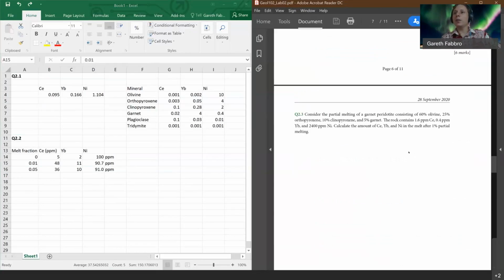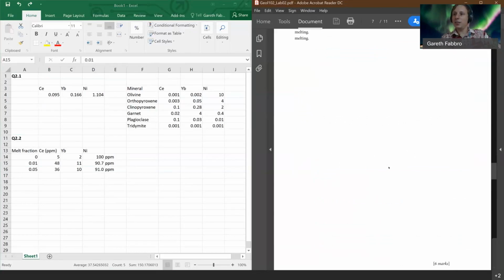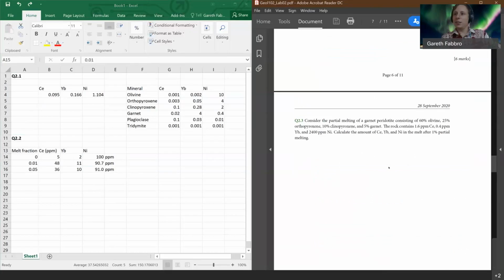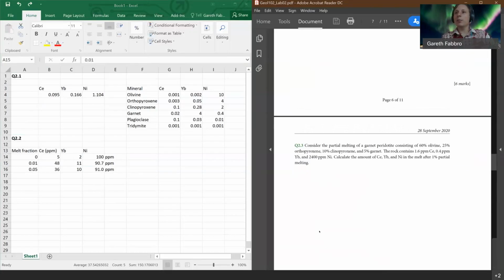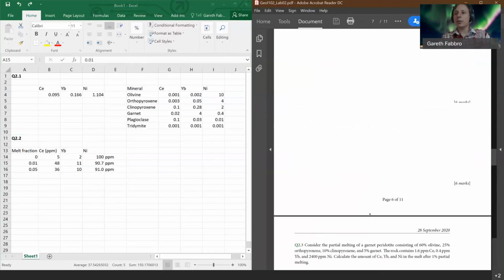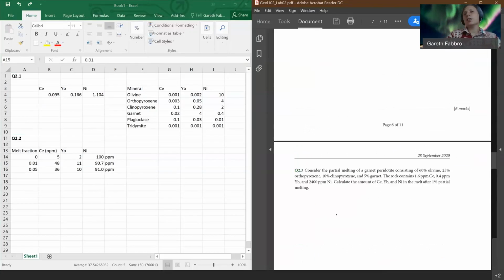So here you want to compare the melt you've just worked out here, the 1% partial melting, with the melt from question 2.3, and just compare the two concentrations. Where do you think this would be useful?